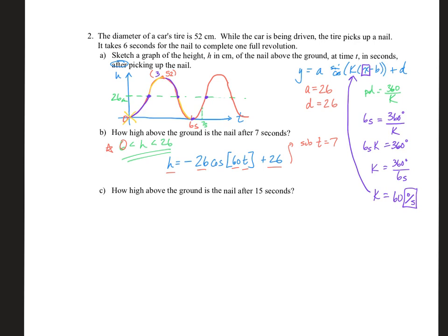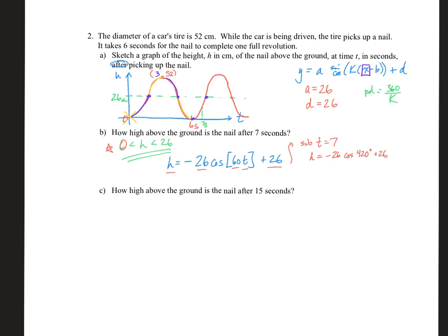So when we make that substitution, and I'm just going to clear out a bunch of that purple work on the side to make some room, then we should be okay to come in on negative 26 cos 420 plus 26.